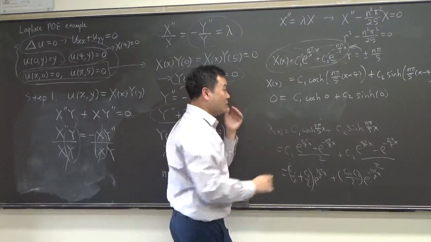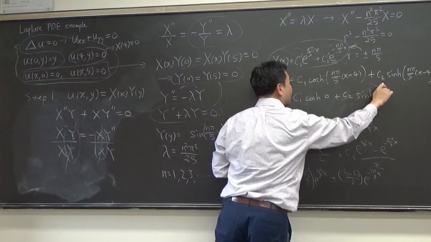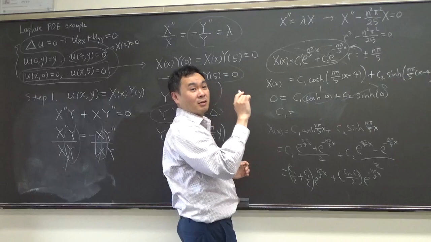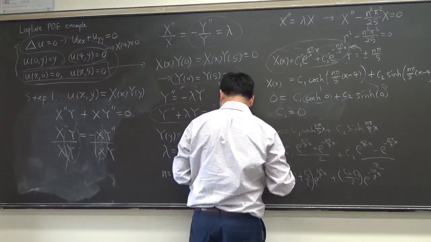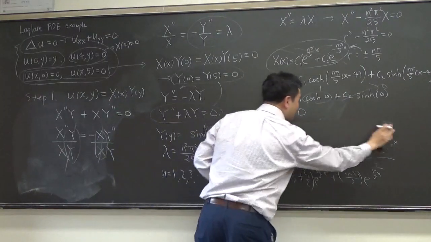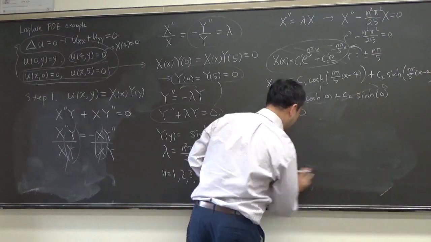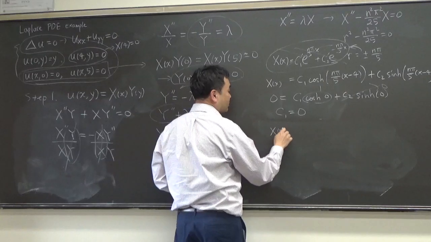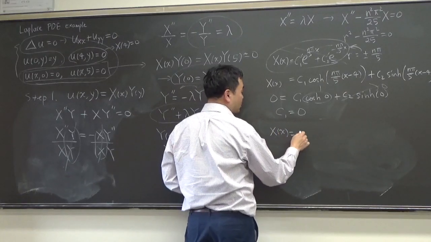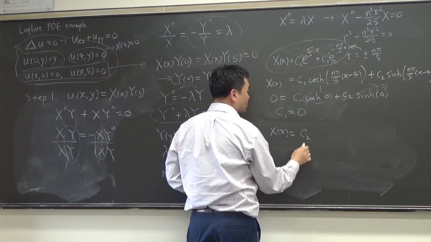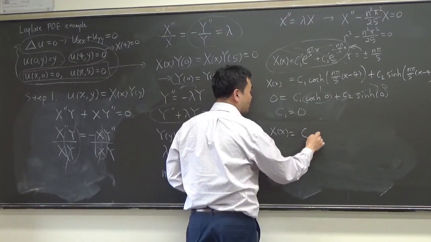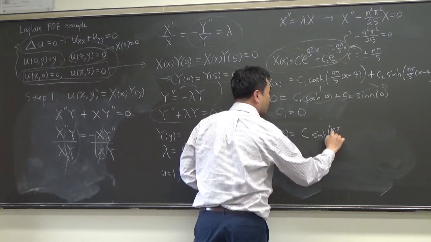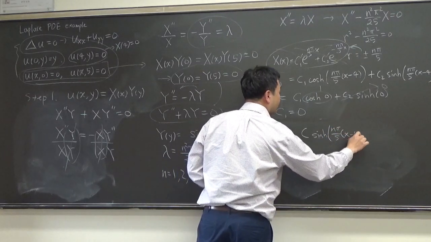What do you get? This sinh of 0 is 0, so that's gone. This is 1, so your conclusion is that C1 must be 0. And that gives you a very simple formula for X of x, which is that X of x must be equal to C2, or some constant, times sine hyperbolic of n pi over 5 times (x minus 4).